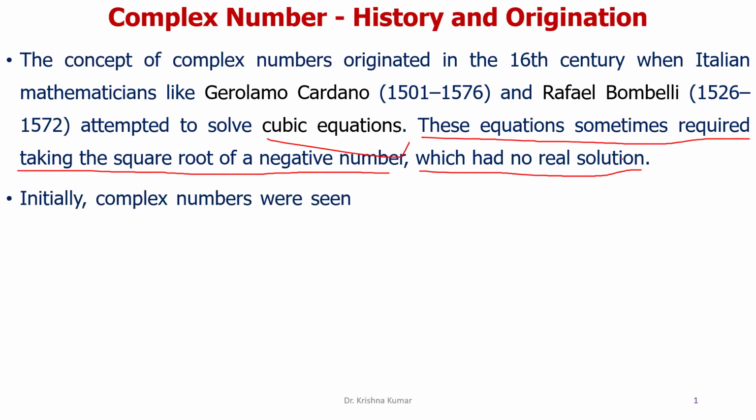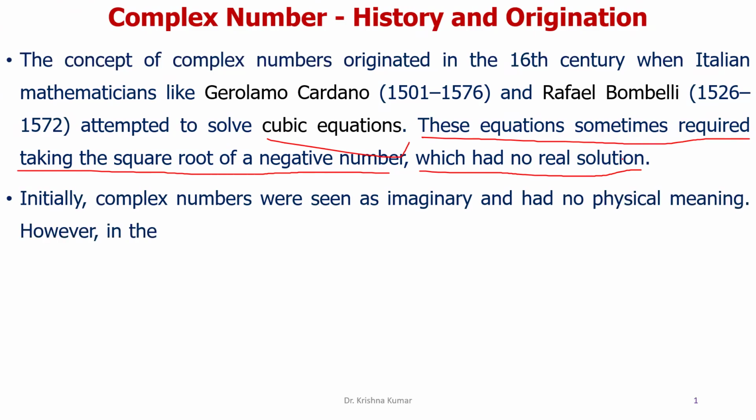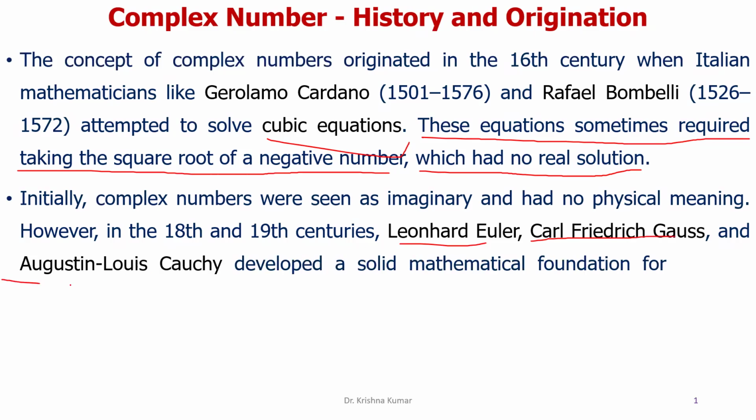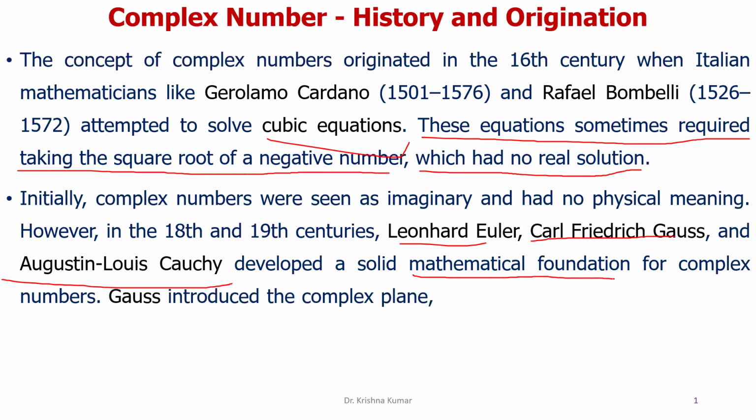Initially, complex numbers were seen as imaginary and had no physical meaning. However, in the 18th and 19th centuries, Leonhard Euler, Carl Friedrich Gauss, and Augustin Louis Cauchy developed a solid mathematical foundation for complex numbers.